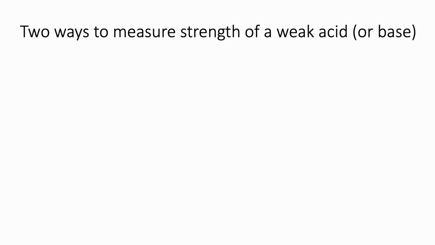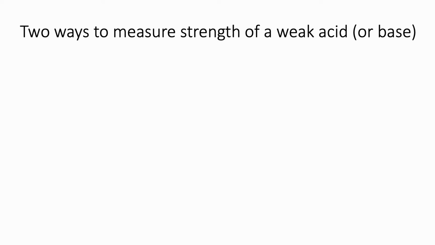They gain things, they don't lose things, but they do become charged, and so percent ionization works a little better for that. Basically, there are two ways to think about how strong a weak acid or base is.